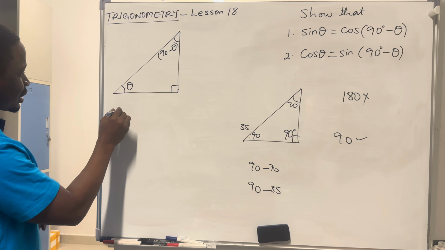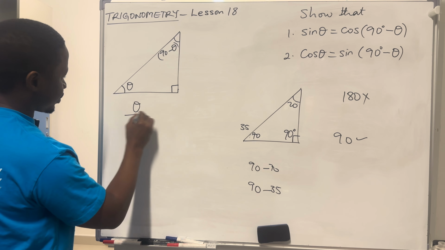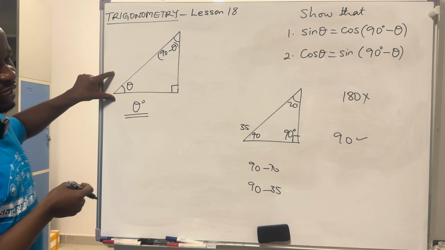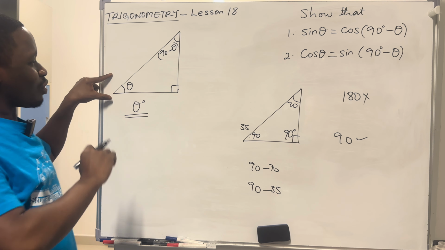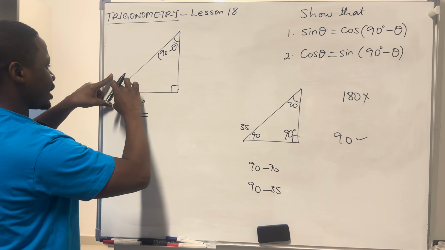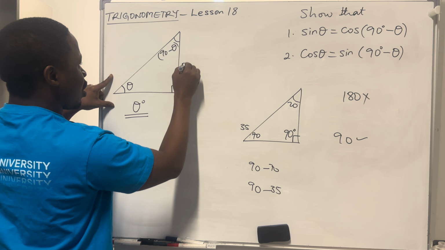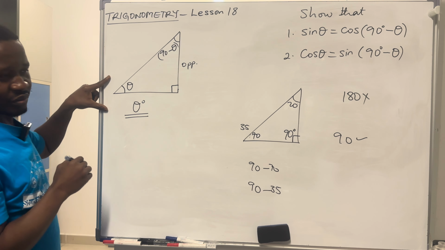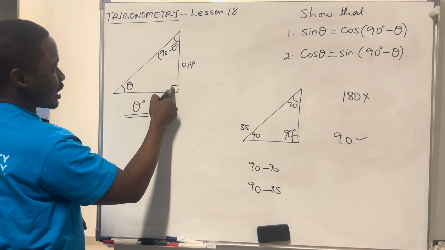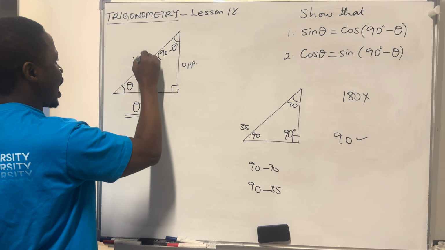Now let us use theta. In a right angle triangle, the side that is facing this angle is our opposite. The side that is always facing the 90 degrees is the hypotenuse.